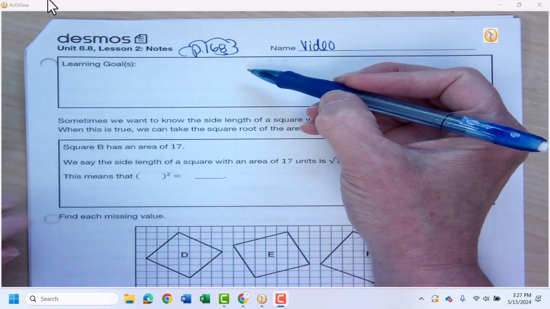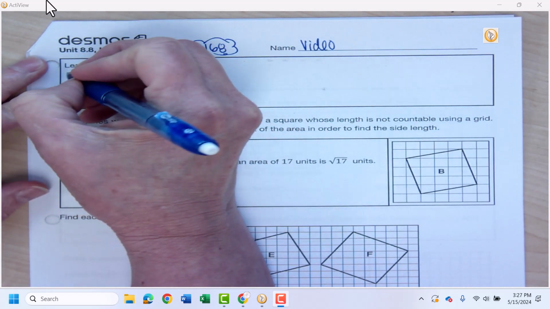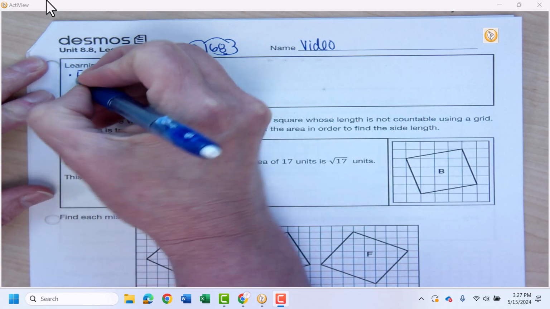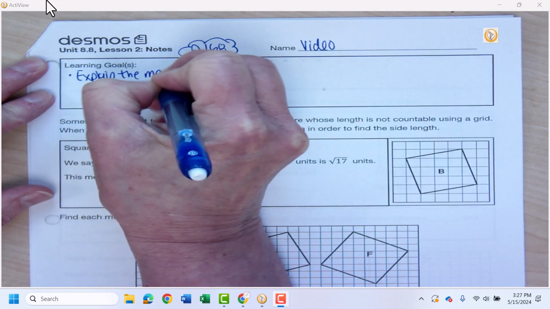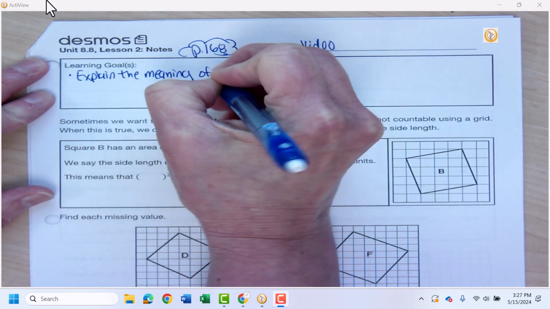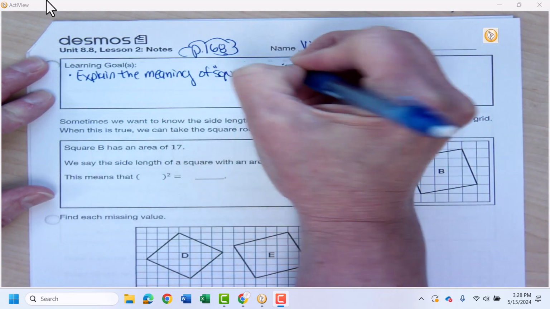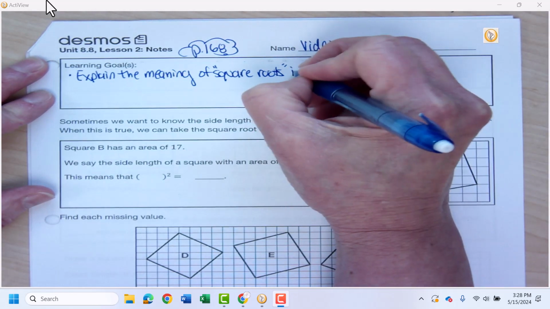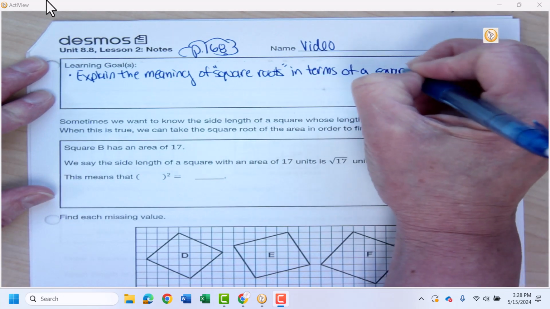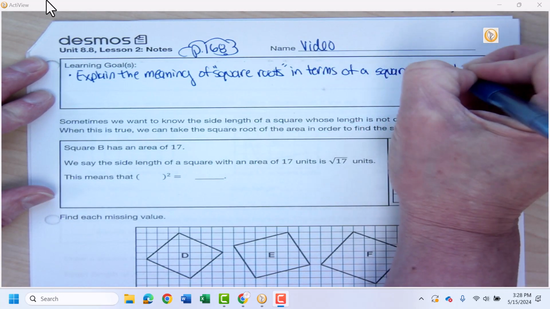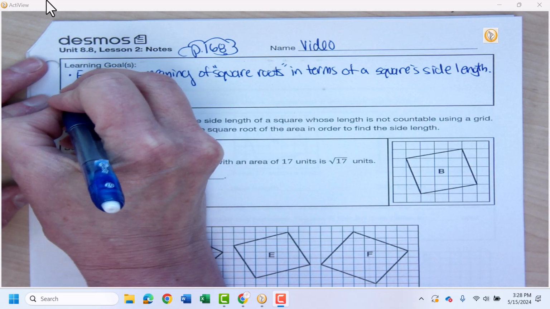All right, you're in your notebook on page 168. Let's just make note of our two learning goals. The first is to explain the meaning of square roots in terms of a square's side length.